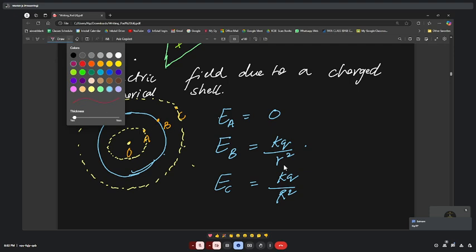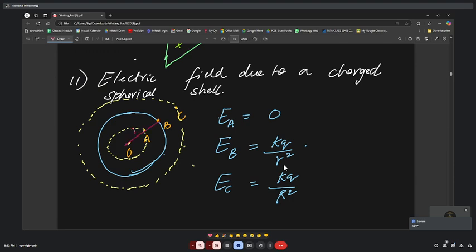This distance we will call small r, from O to B it is r, and from O to point C this length is capital R. So clearly capital R is greater than small r. That's it.